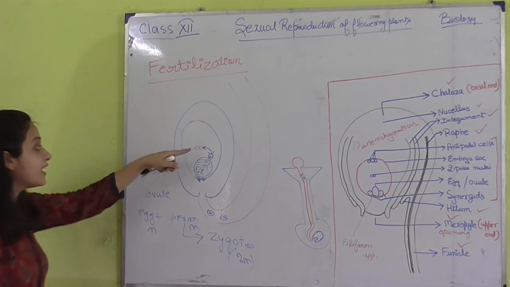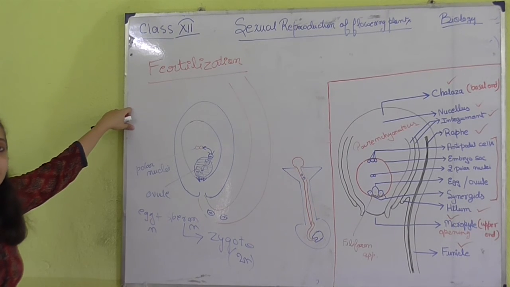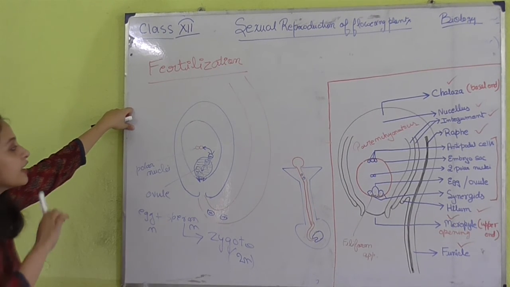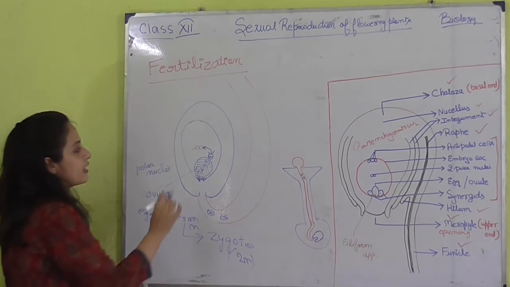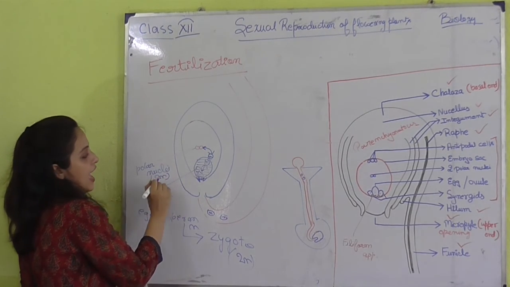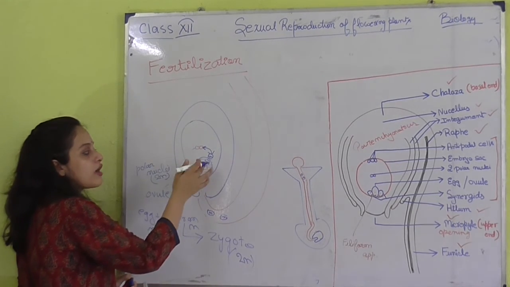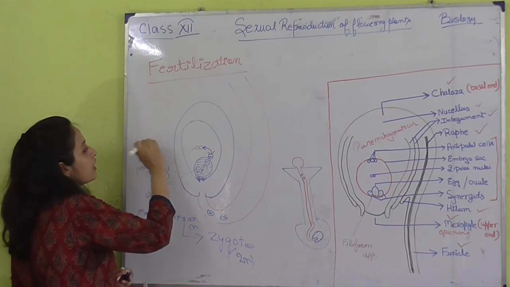And what will happen here? The polar nuclei will unite with the other male gamete. The polar nuclei is already diploid, 2N, and the male gamete has 1N.